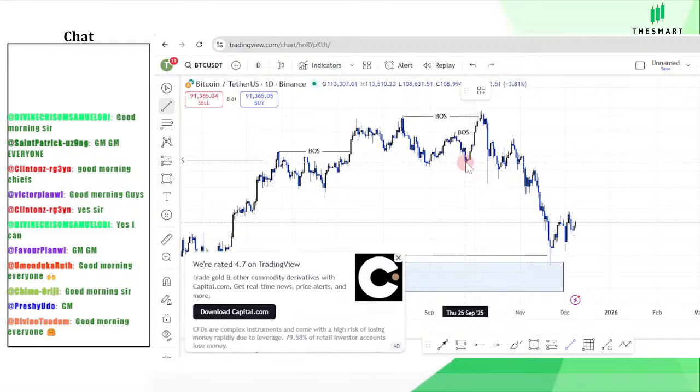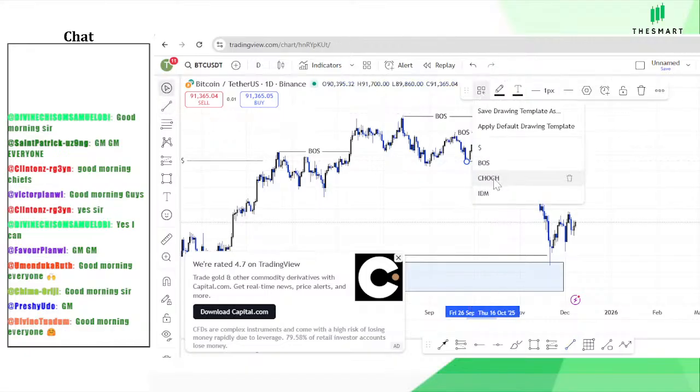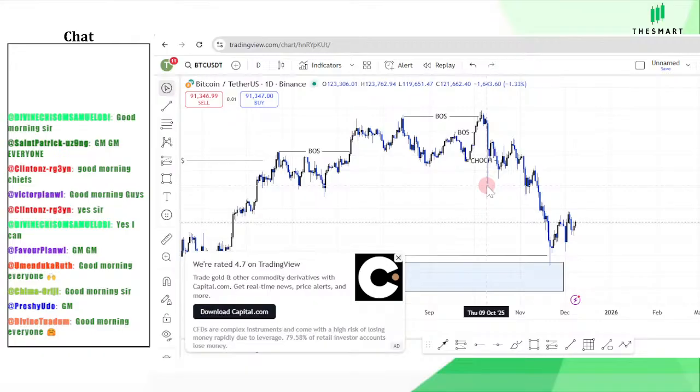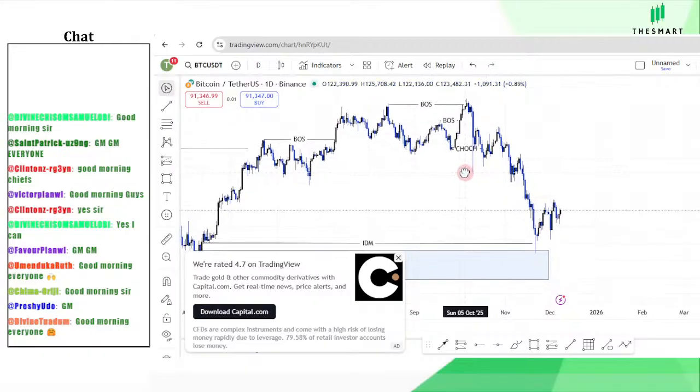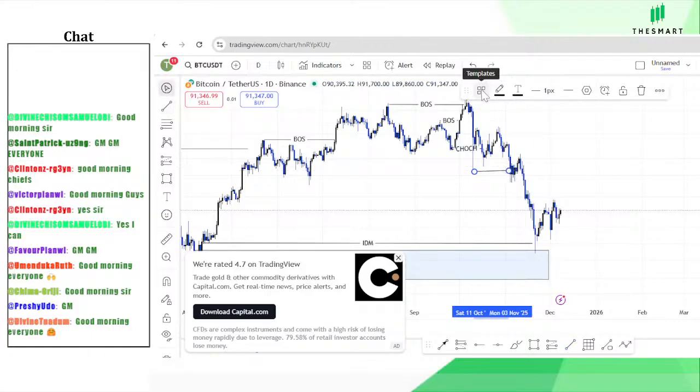Here we have a change of character to the downside, followed by this break of structure. We have another break of structure at this level here.